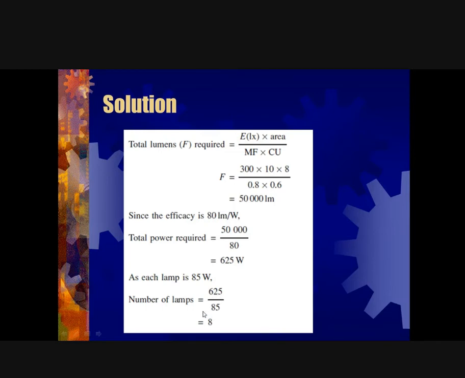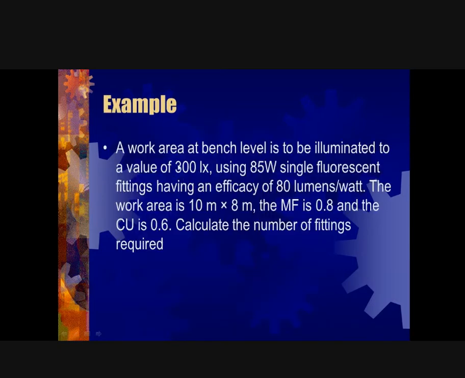So we are saying that if we have 8 lamps positioned equally throughout this space, and why equally? Because we are talking about the area of the space, then we will be able to supply the 300 lux at all points in a facility that is basically 30 feet by 24 feet.